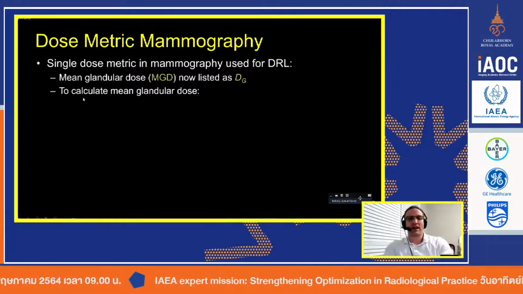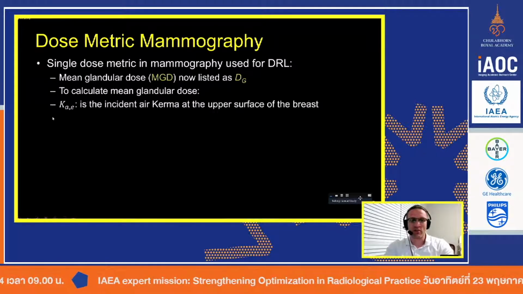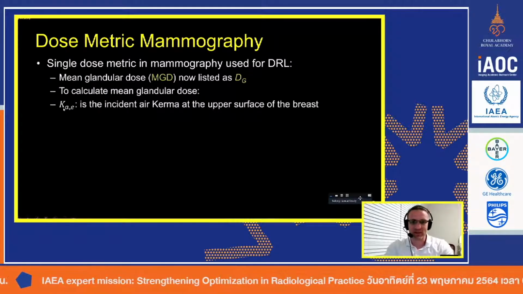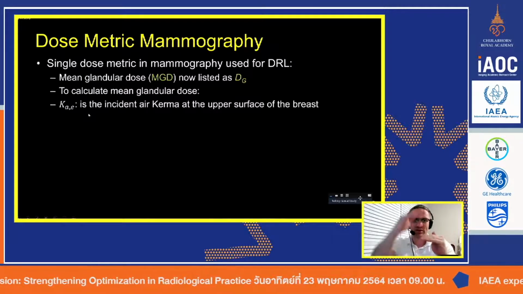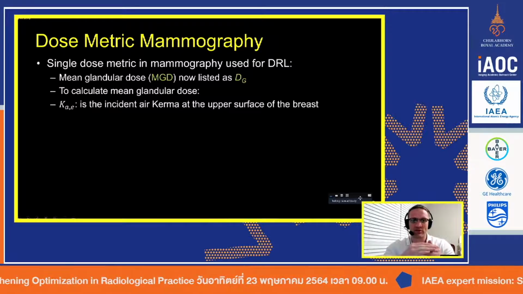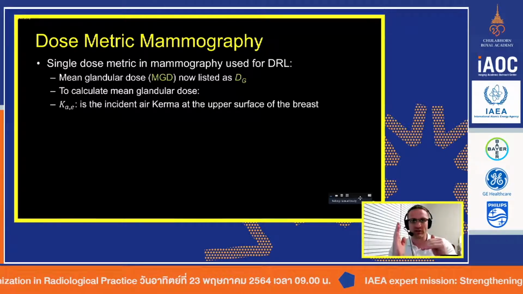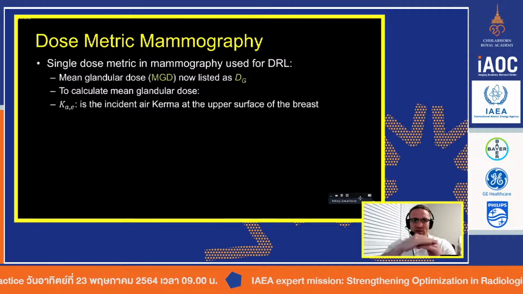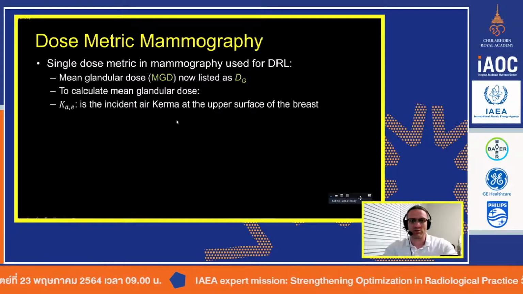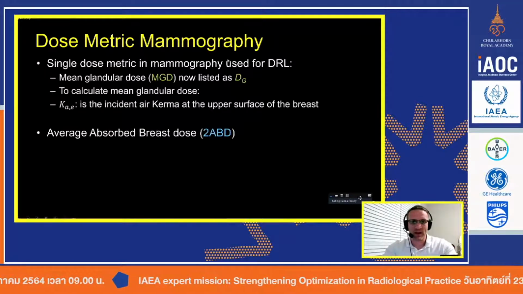To calculate mean glandular dose, we need to know air kerma at the entrance surface of the breast. As the mammography unit is usually craniocaudal or mediolateral oblique, we're talking about the exposure dose at the top point, or superior aspect, of the breast.